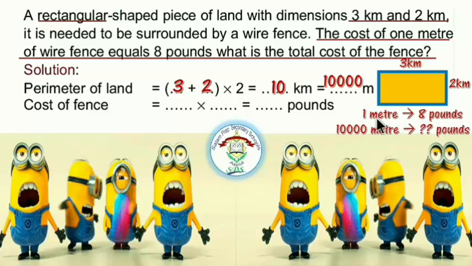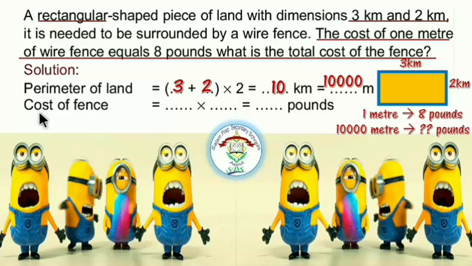We know 1 meter of wire costs 8 pounds. So the perimeter of land equals 10,000 meter. The number of meters increases, so the price also will increase. Increase means times.